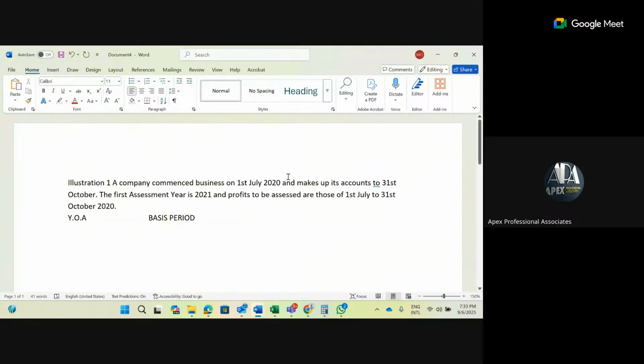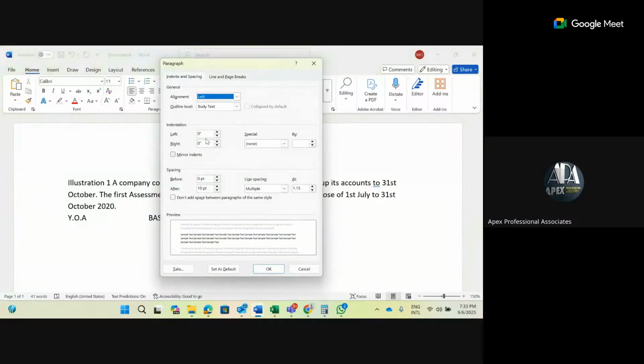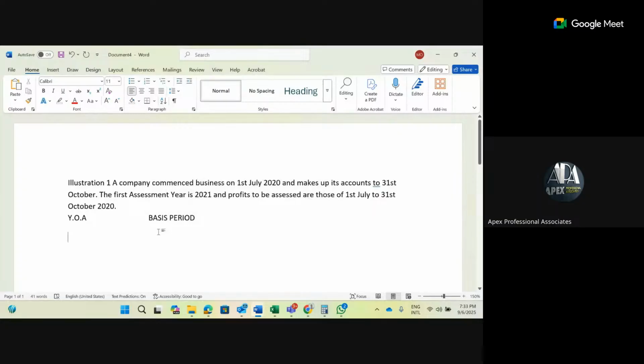Now, when did the business commence operation? According to the question, it commenced operation 1st of July 2020 and is making up its accounts to 31st of October each year. What is going to be the basis period for the first year?